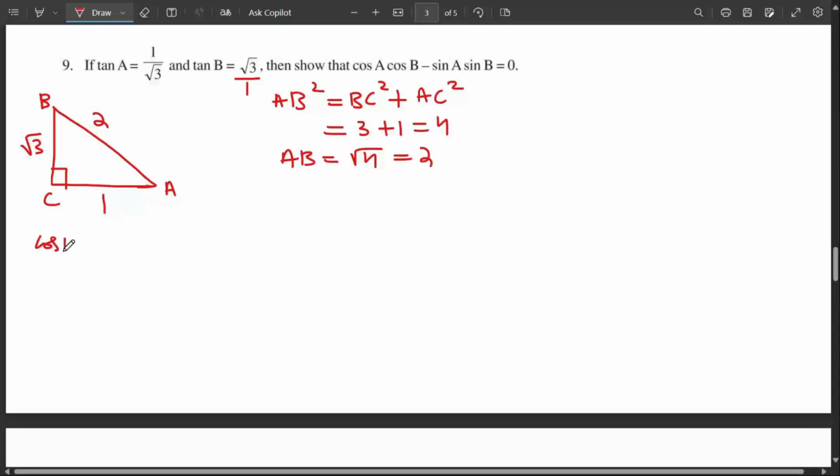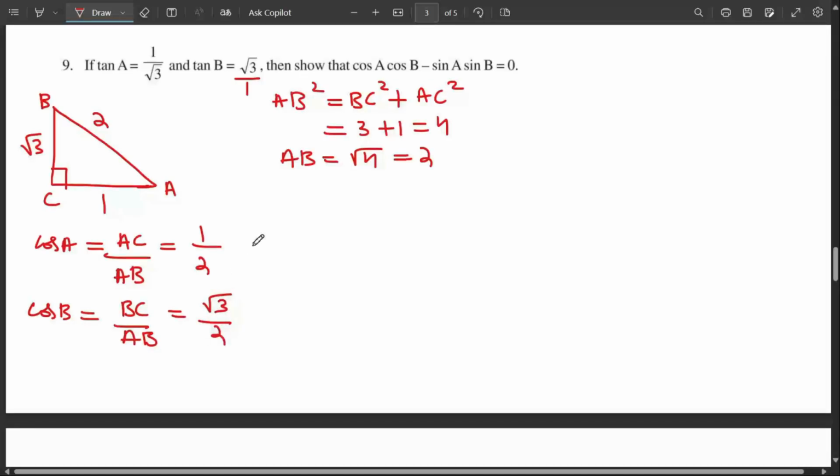So cos A is equal to adjacent side AC divided by the hypotenuse AB. So AC is nothing but 1, AB is equal to 2. Then cos B is equal to adjacent side BC divided by the hypotenuse AB. So BC is equal to square root of 3, AB is equal to 2.